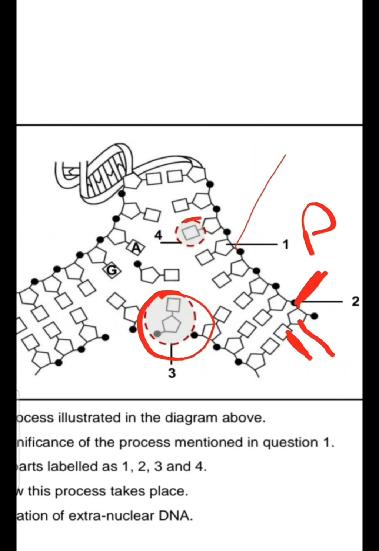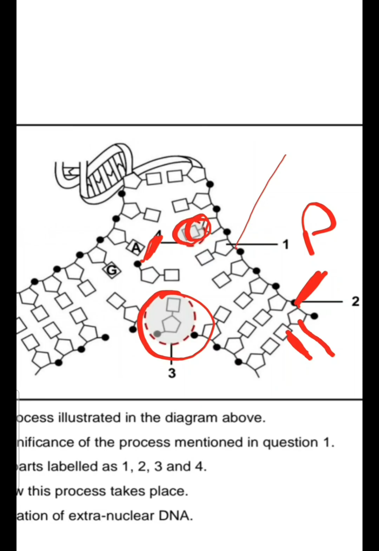So number 4, we know that this one is a nitrogenous base. But we can't simply say that it's a nitrogenous base. We have to identify it. So now we are wondering how would we identify that? As you can see here, we have adenine here.